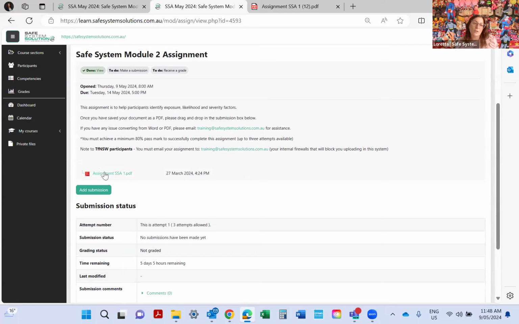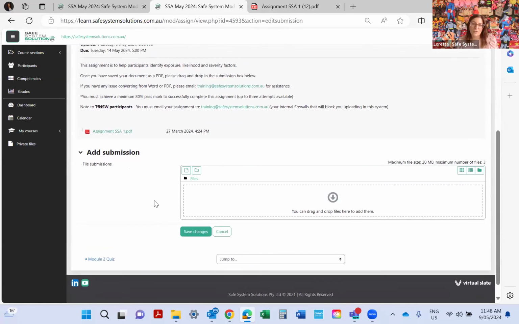So just here, you click on this PDF. This is your actual assignment. Once you've completed the assignment, please ensure you save it. And then in order to submit it, you do need to click on Add Submission. And you simply drag it into this folder, or you can find it through the Files section and save.